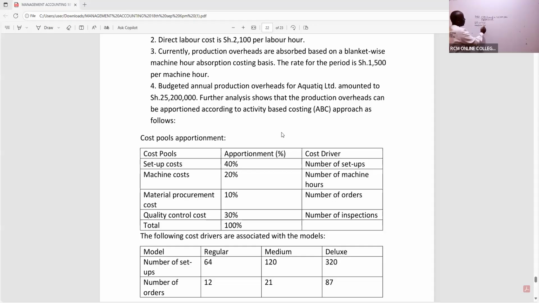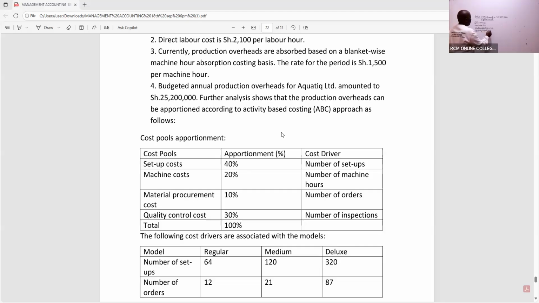Then we have material procurement cost. Then we have quality control cost.